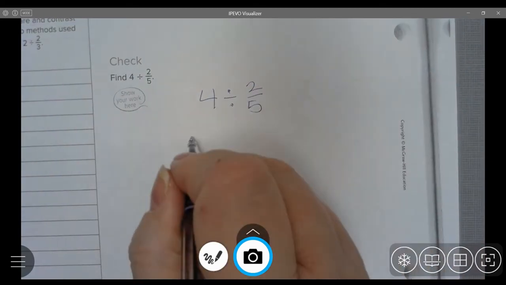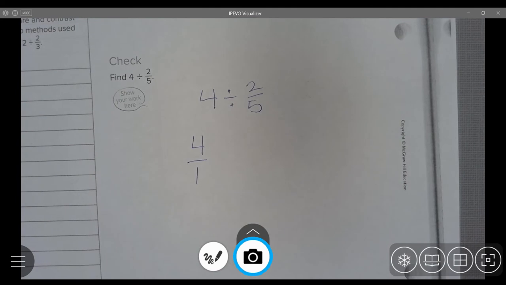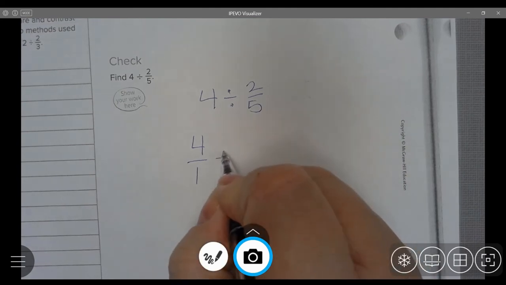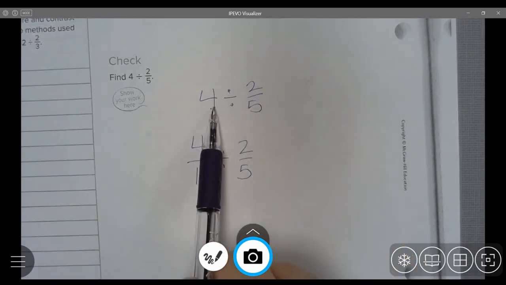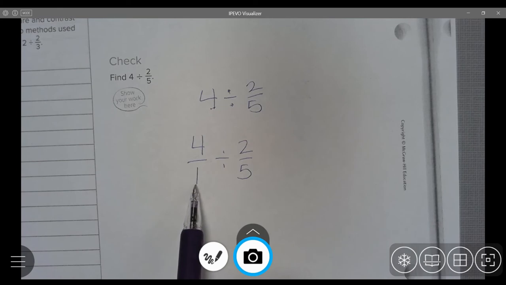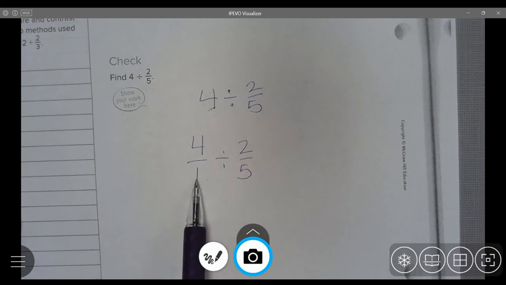So I have 4 over 1, because the first thing they say to do is to make that whole number a fraction. So I'm going to do 4 over 1 divided by 2 over 5. 4 over 1 is the same as 4. We didn't change that number. We just represented it in a different way.